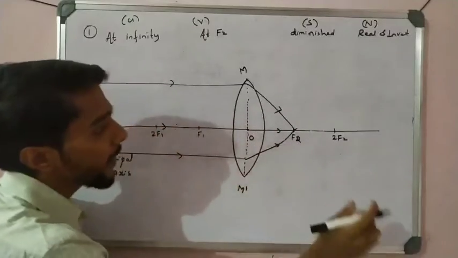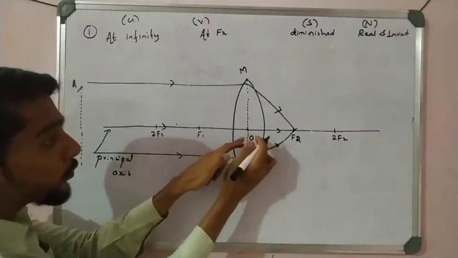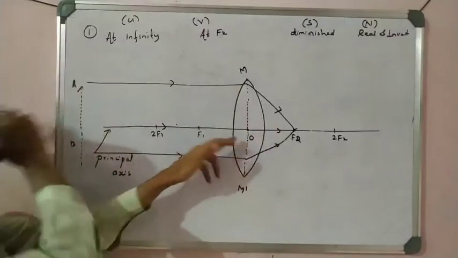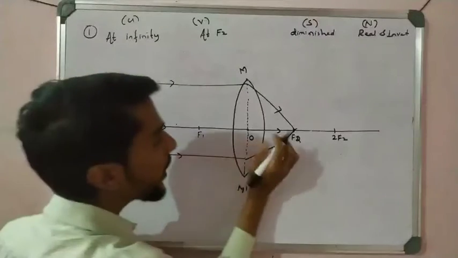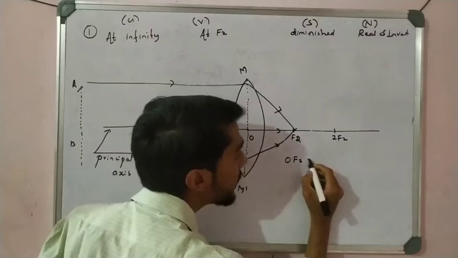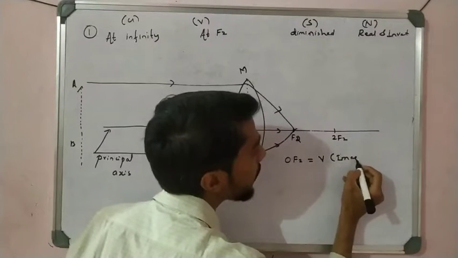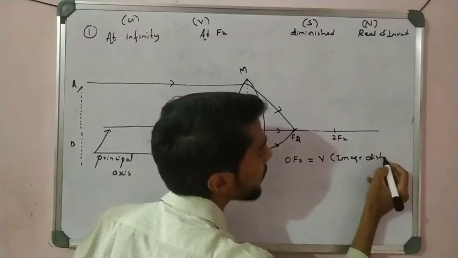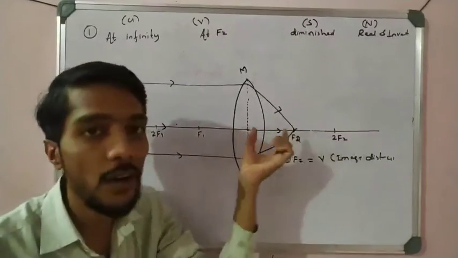Now students, see, from the optical center to infinity is called the object distance. Now O to F2, this distance is called v, the image distance. We always measure the image distance from the optical center.